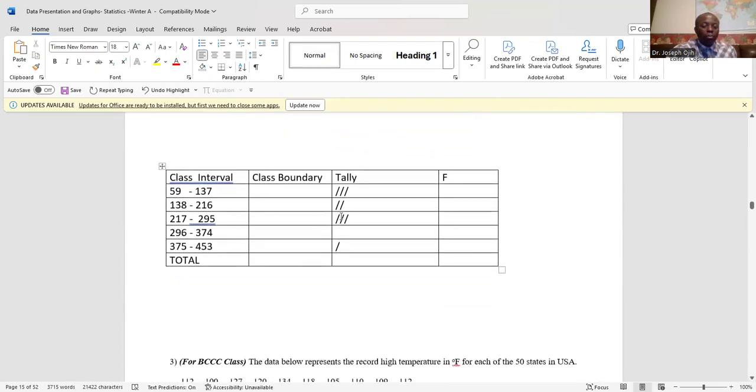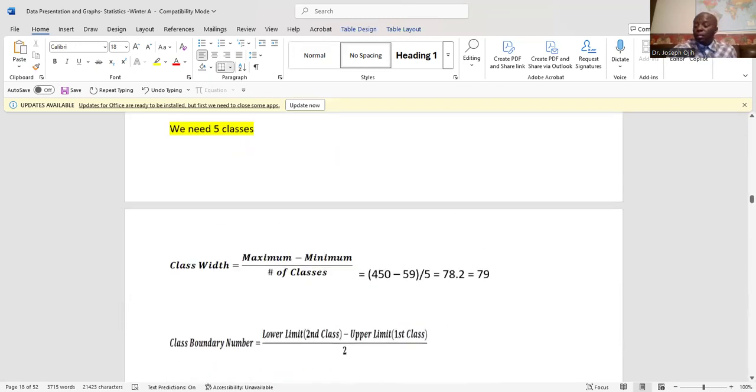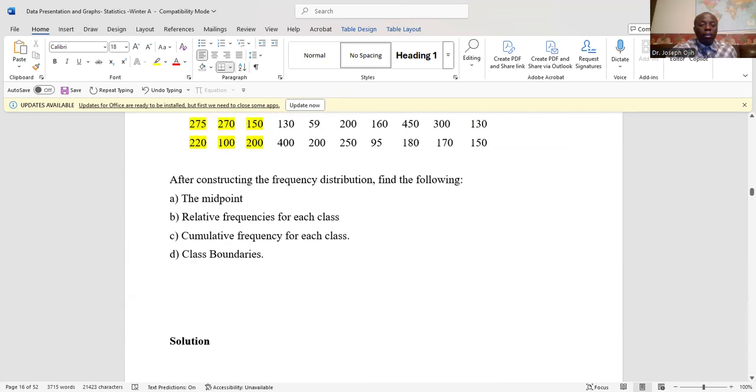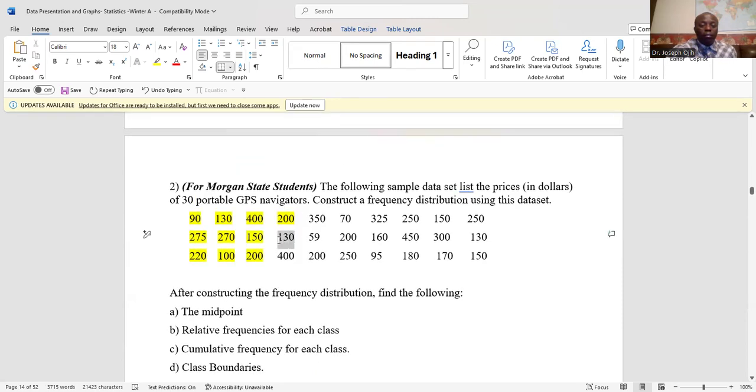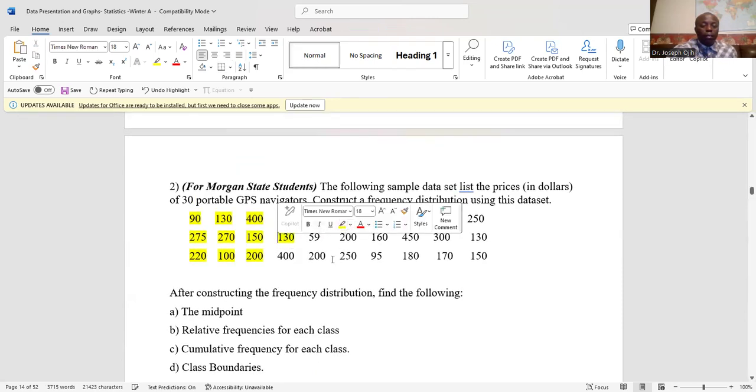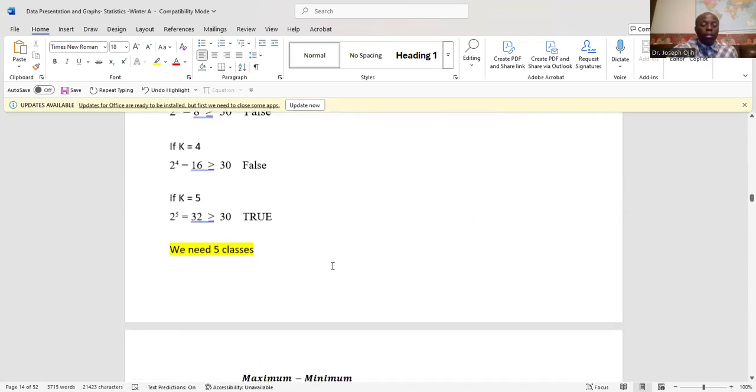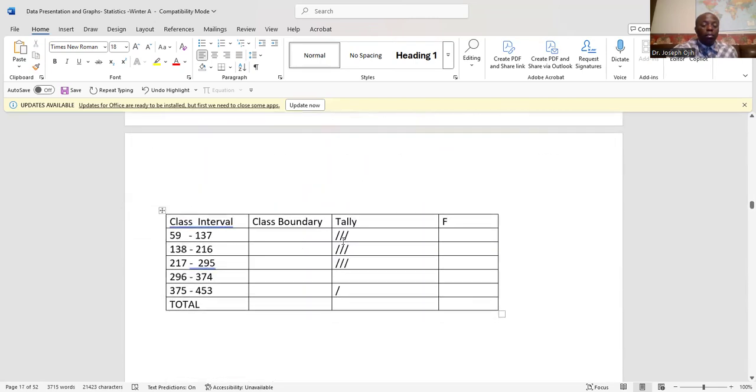Belongs to what group? This one. So we continue until we get all of them. 130. 130 belongs to this group.